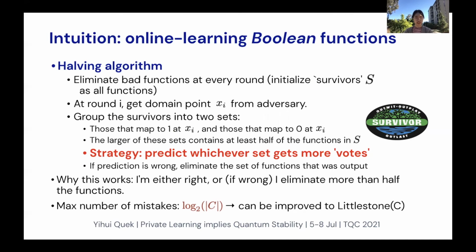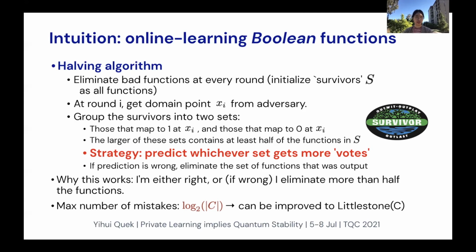So the learner strategy is to predict whichever set gets more votes, which means whichever set is bigger. If the bigger set is the one that maps to 1, then the learner just outputs 1. The learner then interacts with the adversary to get the feedback, which is the actual correct value of the function. And if the prediction is wrong, then all the learner needs to do is to eliminate the set of functions that was output.